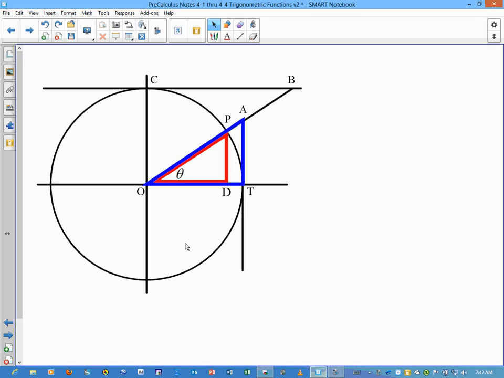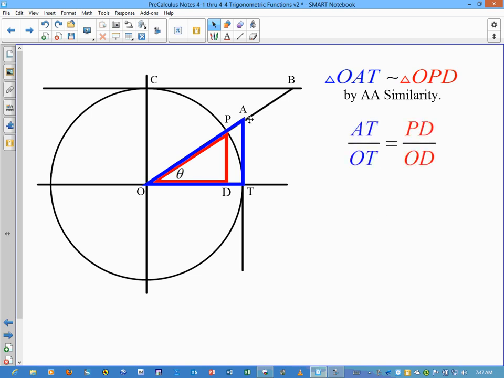All right, we're going to start with the same diagram, same two triangles. We've already established that those two triangles are similar, which means I can do proportions. So the proportion I want to do this time is AT, which is the short leg of the large triangle, is to the long leg of the large triangle, as the short leg of the small triangle is to the long leg of the small triangle.